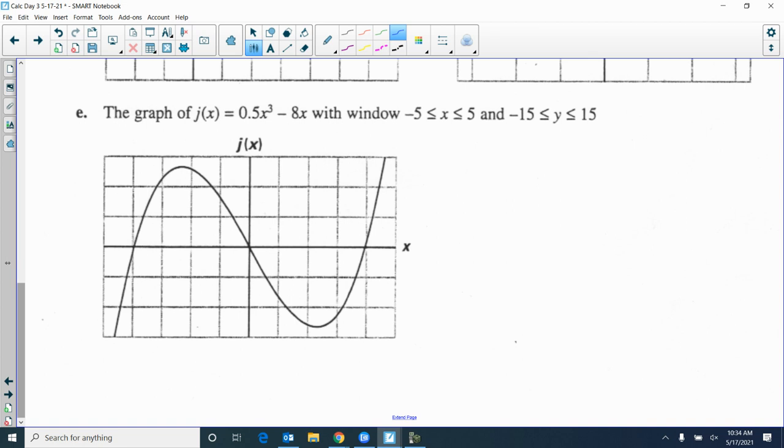Where does it equal 0? This is where you have to be careful about where your point is. The slope at the max or the min is 0, right there. So you have to go directly down at that x value that has a slope of 0, and it has to be in line. Same thing here. Looks like it's about right there. That has to be the slope of 0.